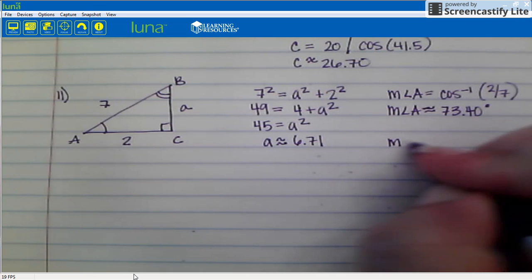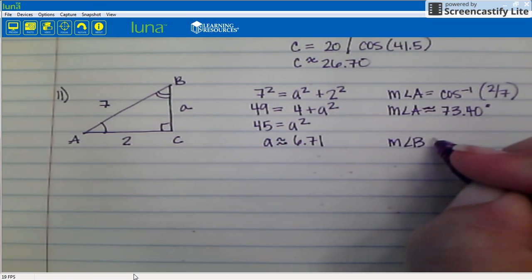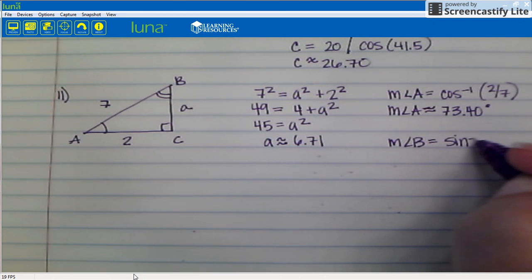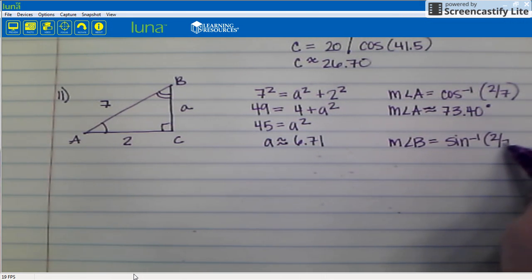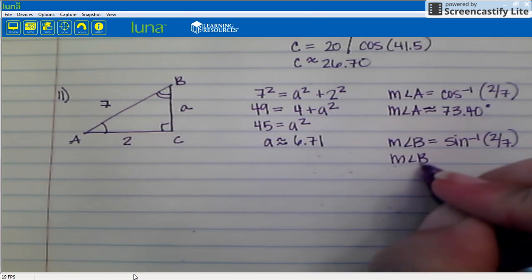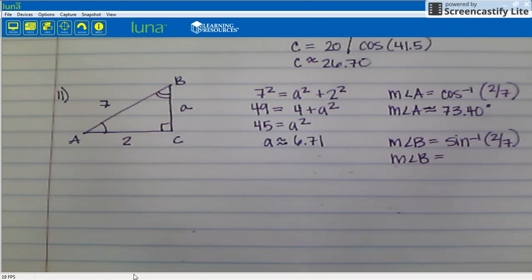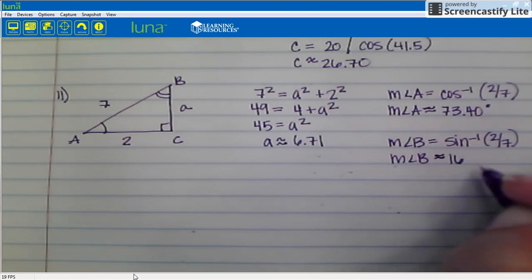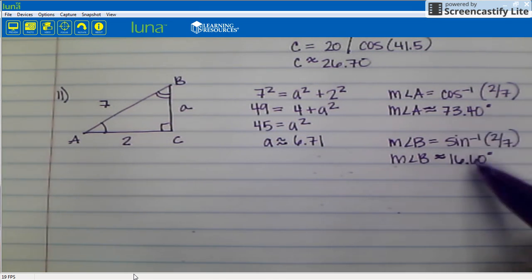And then I can either subtract that from 90, or I can use the inverse sine function for the same ratio to solve for B. So when I do that, you end up with approximately 16.60 degrees, which is what I would expect to find since I had 73.4 for my other angle.